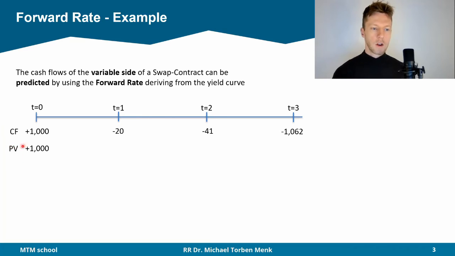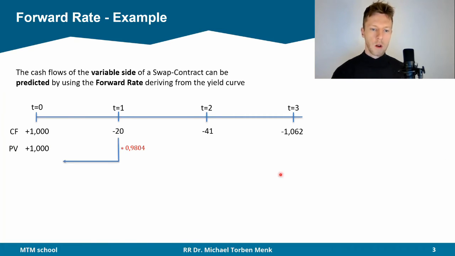In order to get the value, you can use the zero bond discount factor to get the actual value of future payments, as they have to be discounted. So we again use our already known zero bond discount factors.